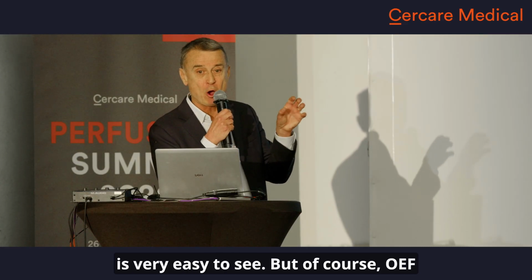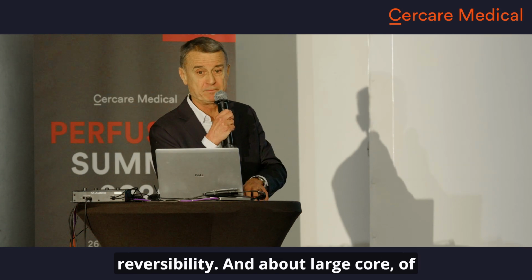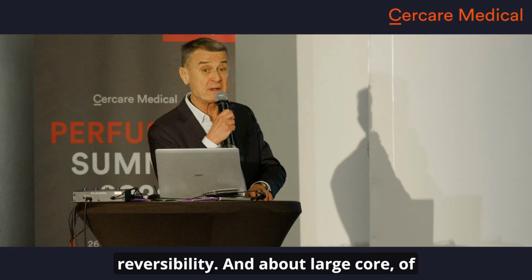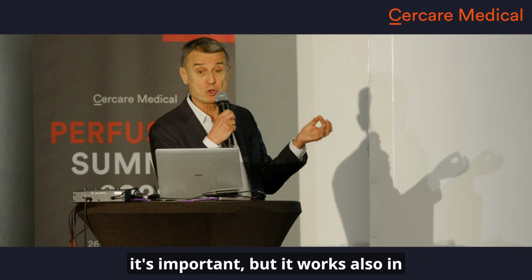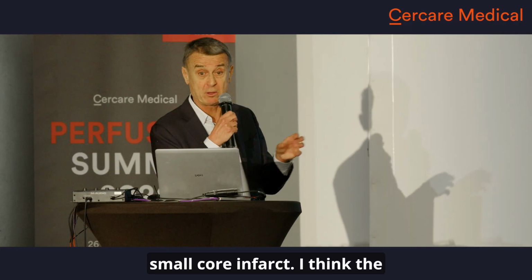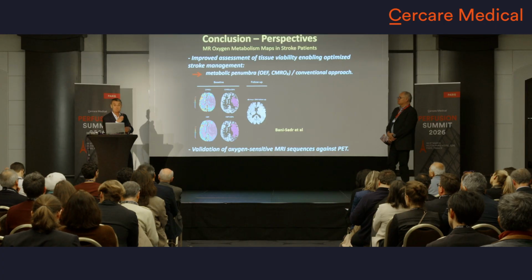But of course, OEF and CMRO₂ will work on diffusion reversibility. And about large core, of course, it works in large core, I think it's important, but it works also in small core infarct. I think the diffusion reversibility will work for both.